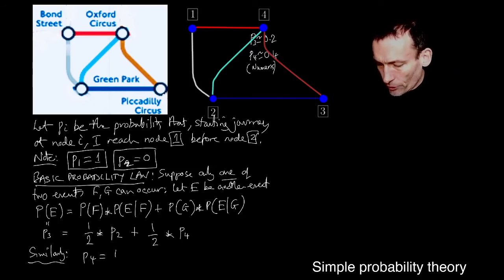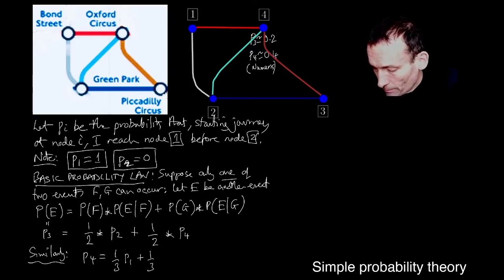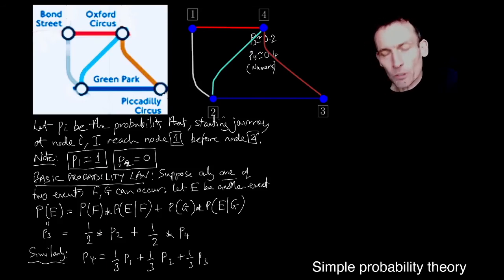I've got a third chance of going to node 1, and then P1 is the probability of reaching Bond Street before Green Park starting at node 1, plus a third probability, and then P2, plus a third P3. Okay, because I've got a 1/3 chance of going from node 4 to either 1, 2, or 3, and then I just multiply by P1, P2, P3, because that's the probability of event E from any of those stations.